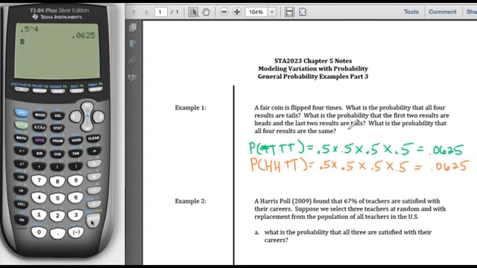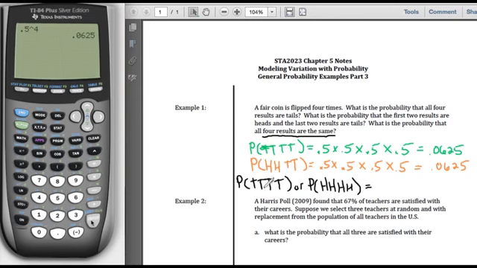Final coin question asks, what is the probability that all 4 results are the same? Well, that means there are 2 possibilities. Either you get all tails, or you get all heads. 4 tails in a row or 4 heads in a row.